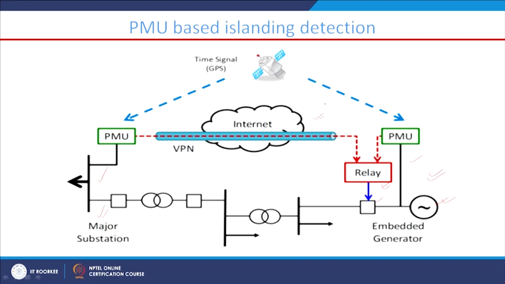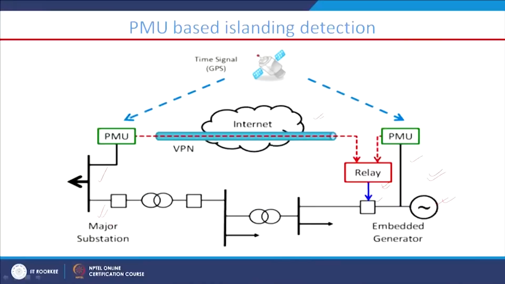That communication infrastructure is very essential, where the 2 PMUs send their data to this relay through the communication platform, and then this relay will take the decision. Let us say, for example, this major substation is disconnected and this breaker is open.